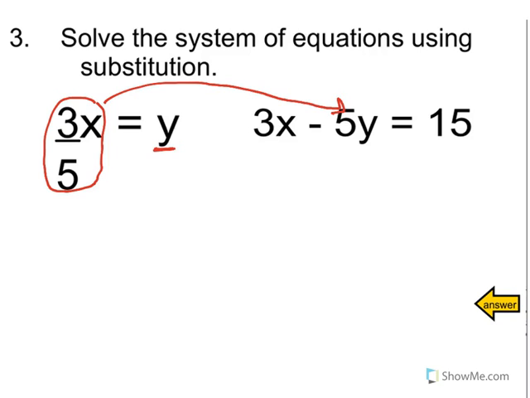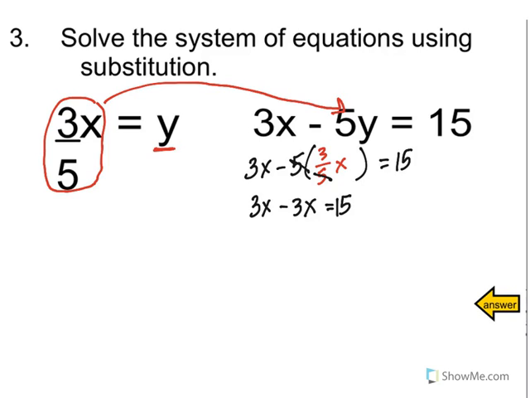So instead of 3x minus 5y, we're going to have 3x minus 5 times 3/5 x equals 15. When I simplify, this is 3x. Negative 5 times 3/5. The 5's there cancel out, so what I'm left with is negative 3x is equal to 15.